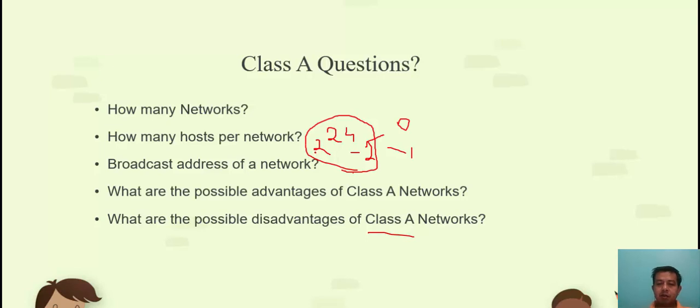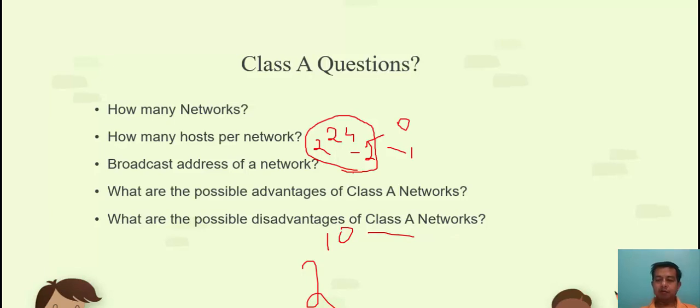It has connected around 2 to the power 10 computers, and all the other IPs become waste because that organization does not have that many computers. Nobody connects that number of hosts in that network.